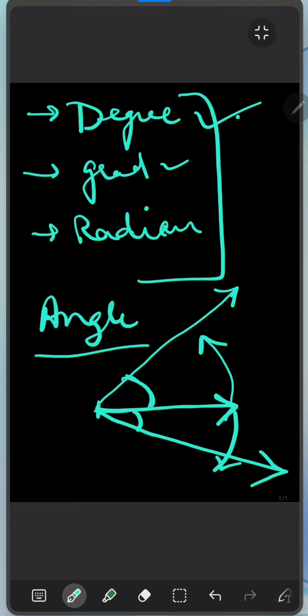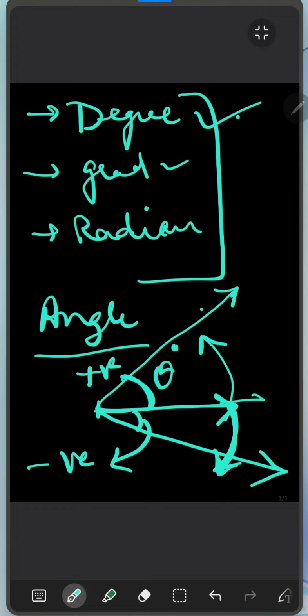So to measure this angle, how much this ray has been extended towards anti-clockwise or clockwise, the measurement of this angle is generally taken in degrees. Okay. When we are moving anti-clockwise, this angle is a positive angle, and whenever this ray moves in the clockwise direction, this angle is a negative angle. Okay.